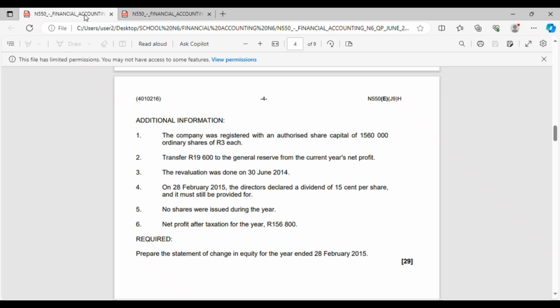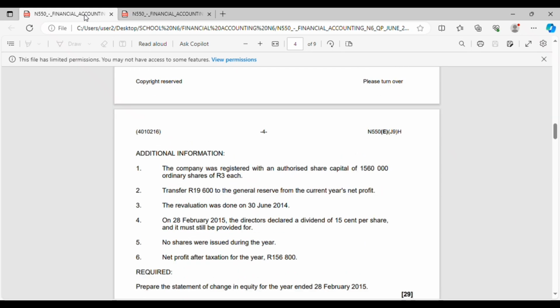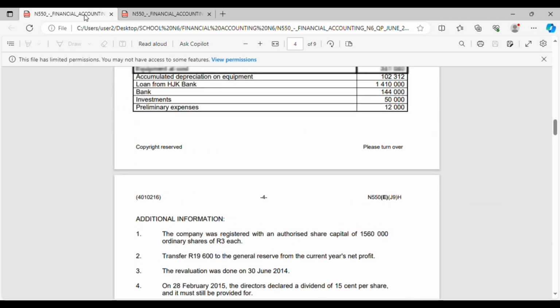In this case, if we can check, it says directors only issued 15 cents. So I will start with the ordinary shares.